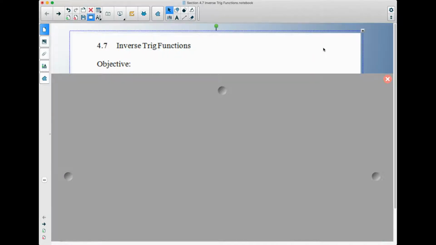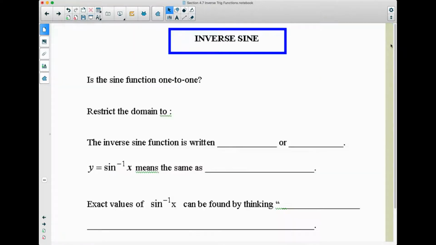So let's first look at the inverse of sine. On your paper, go ahead and graph the sine function. Hopefully from memory.